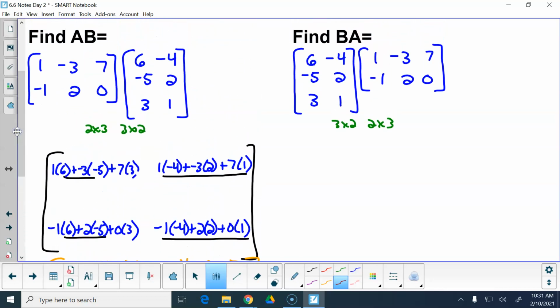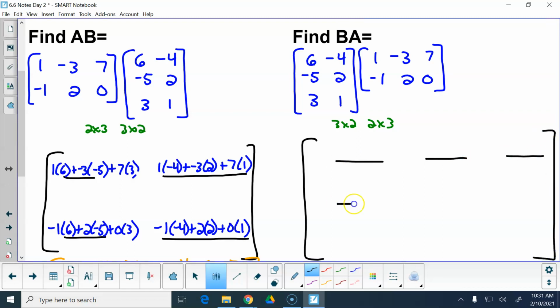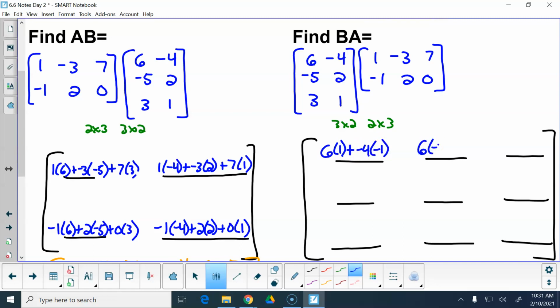Matrix B times A is going to end up being a 3 by 3 matrix. So it would be 6 times 1 plus negative 4 times negative 1. 6 times negative 3 plus negative 4 times 2. 6 times 7 plus negative 4 times 0.